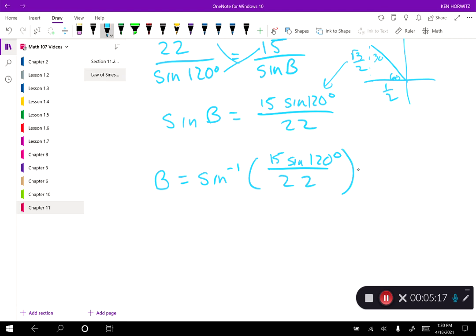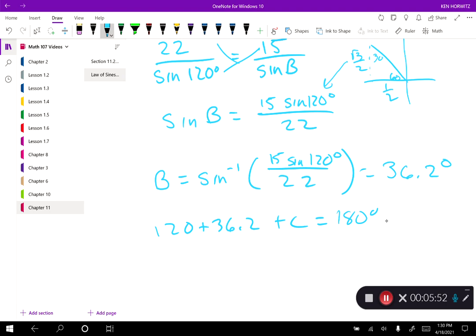All right, hopefully you paused the video for a moment to get your answer. I got 36.2 degrees. The next thing we want to do is find side C. Now we have 120, we also have 36.2, plus angle C is going to equal 180 degrees.